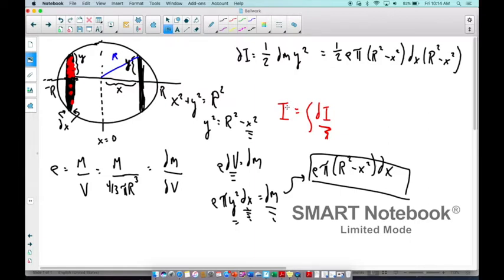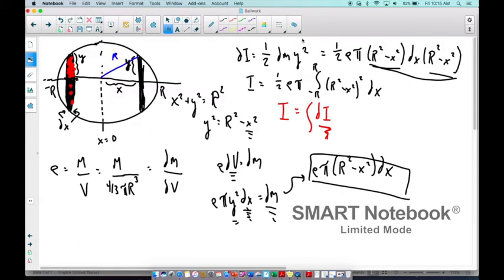So to find the overall moment of inertia for this, I just need to integrate from negative r to r. And so my integral then will become I equals, I'm going to pull out all my constants, so 1/2 rho pi, the integral from negative r to r of, looks like I have this, so (r squared minus x squared) squared, because I have two of them, dx.